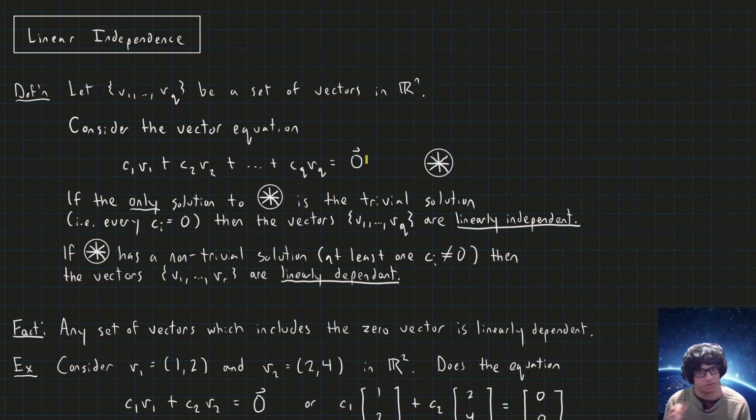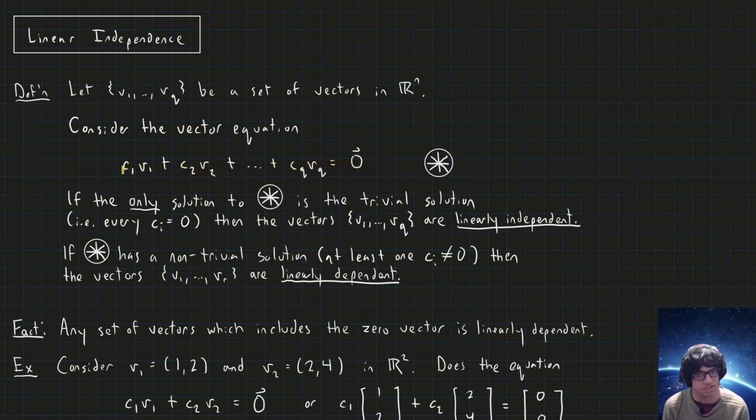Consider the vectors v1 through vq to be fixed. The solutions we're looking for are going to come from the weights c1 through cq. There's one immediate answer which will satisfy this equation regardless of what the vectors v are.